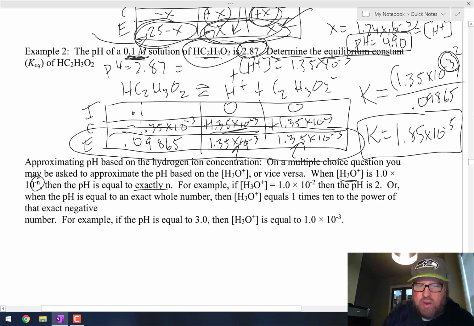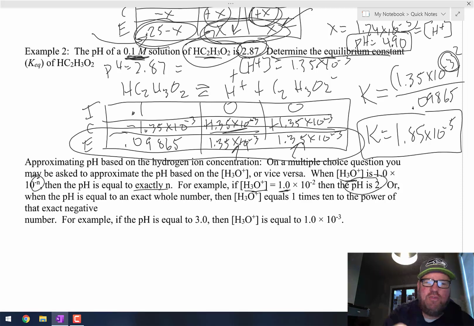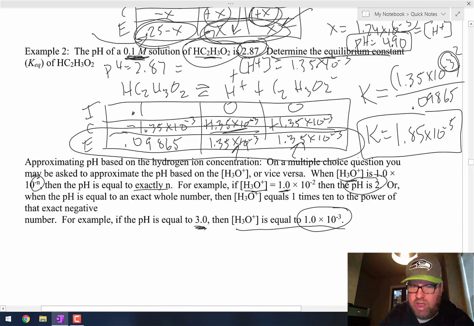For example, if the hydrogen ion concentration is 1 times 10 to the minus second, then the pH is 2. If the hydrogen ion concentration is 1 times 10 to the minus 8, then the pH is 8. Anytime it's 1 times 10 to the negative whatever number, that's what the pH is. If the pH is exactly 3, then the hydrogen ion concentration is 1 times 10 to the minus third.